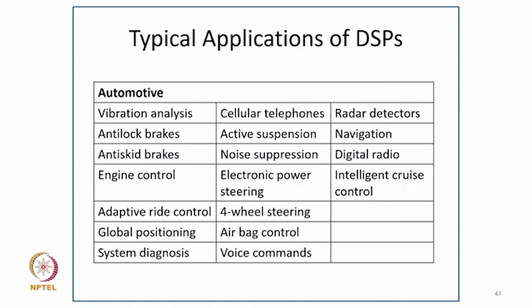In automotive, like vibration analysis, anti-lock brakes, anti-skid brakes, engine control, adaptive ride control, global positioning, and system diagnosis. And for cellular telephones, active suspension, noise suppression, then electronic power steering, four-wheel steering, airbag control, voice command, and radar detector, navigation, digital radio, and intelligent cruise control.